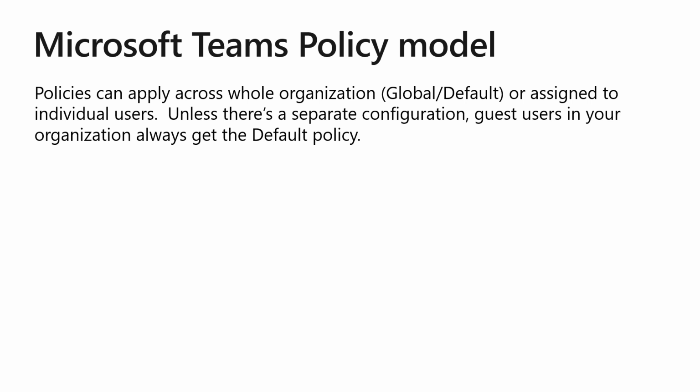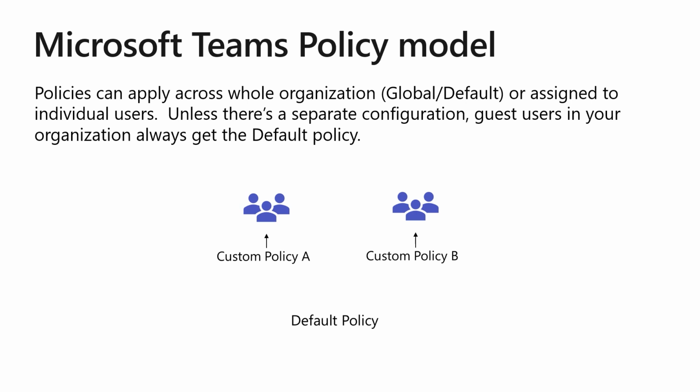So this is where we have the Microsoft Teams policy model, which is really the way to think about it is you have a default policy that of course applies to all users by default, and then you can create custom policy. So what that custom policy can do is, for example, have a separation between the app policy you apply to staff members versus the app policy you apply to students.